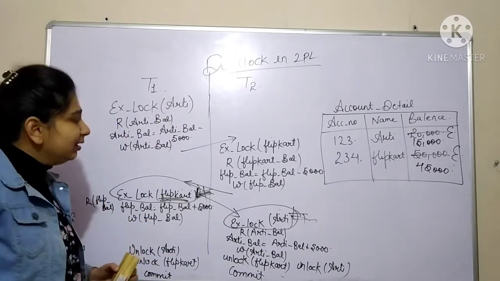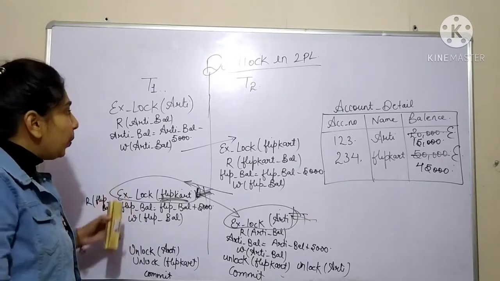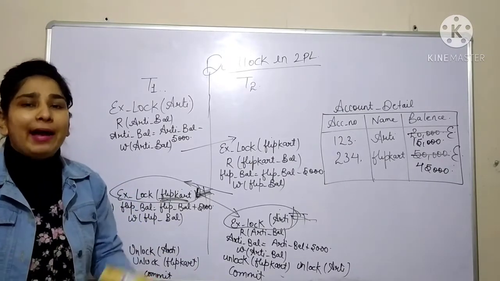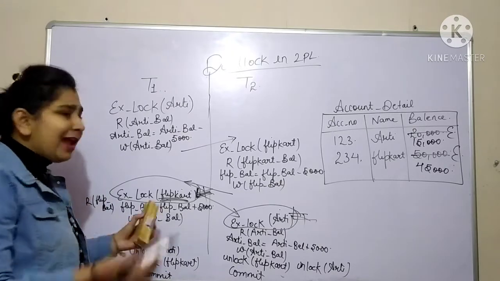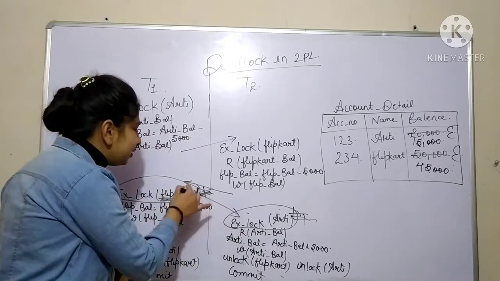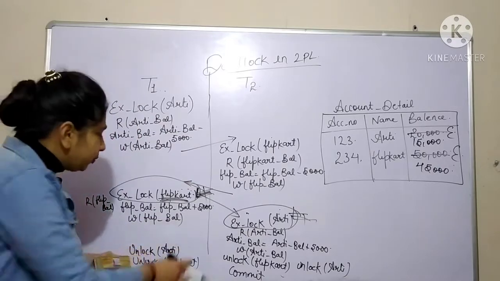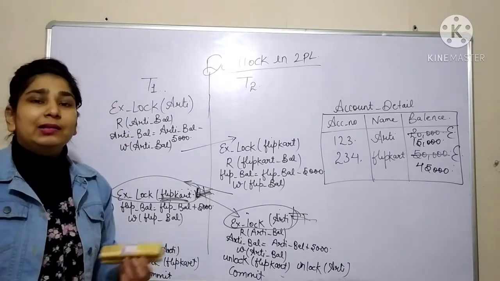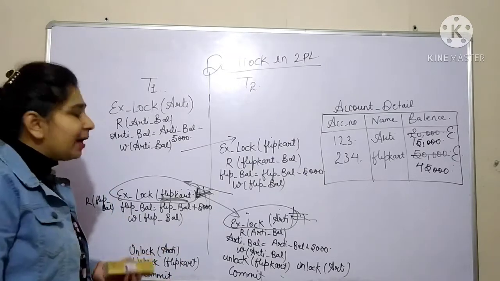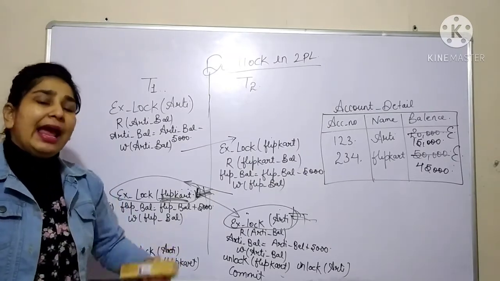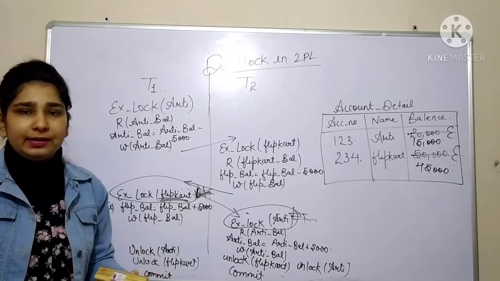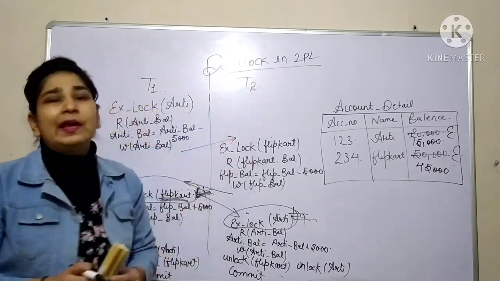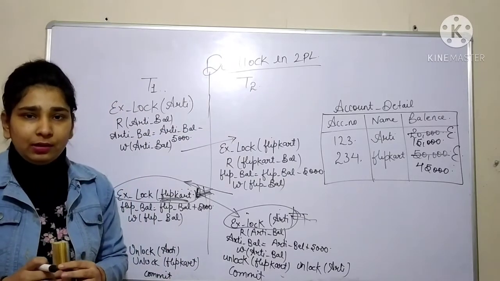We call it a deadlock when you are stuck and not able to move ahead, just fluctuating between these two instructions. We call this situation a deadlock in the two-phase locking protocol.